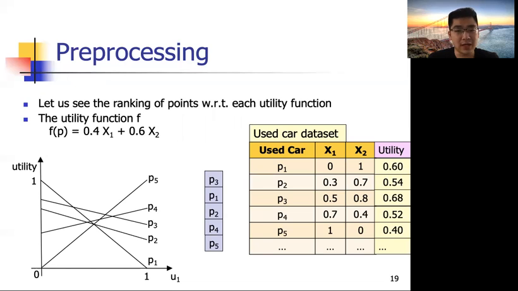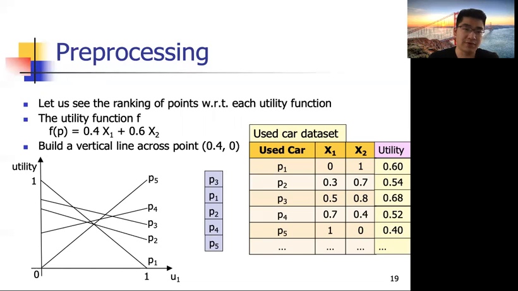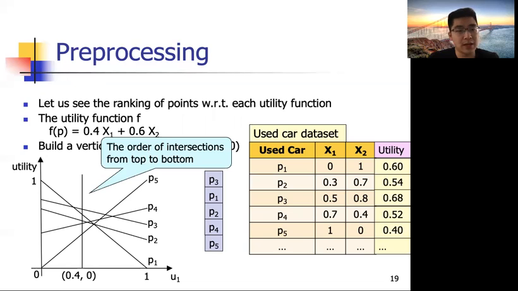Now, let's see how to derive the ranking from this figure. We first build a vertical line across point (0.4, 0). This vertical line intersects with the line segment of each used car. Let's check the order of intersections from top to bottom.